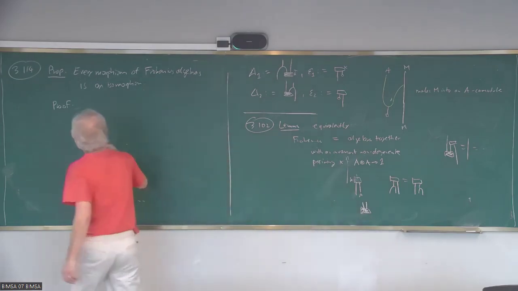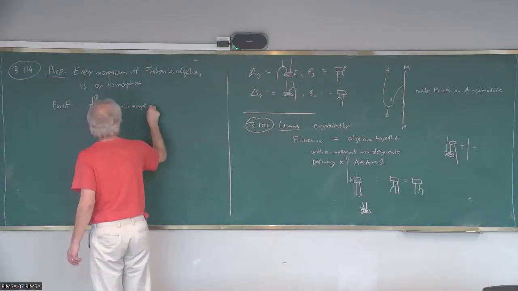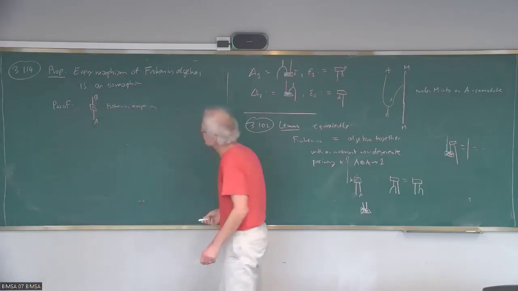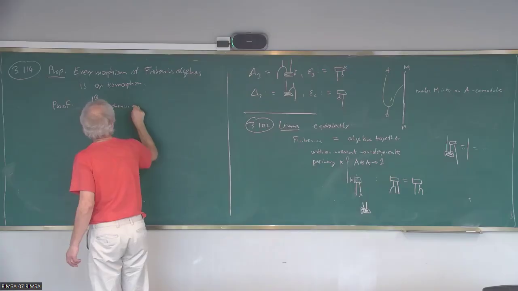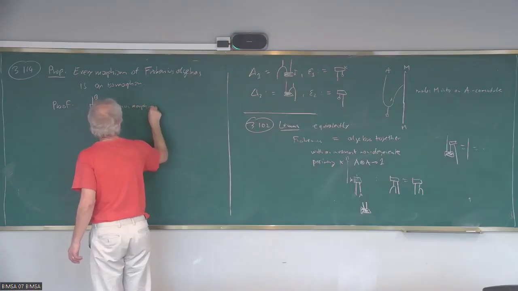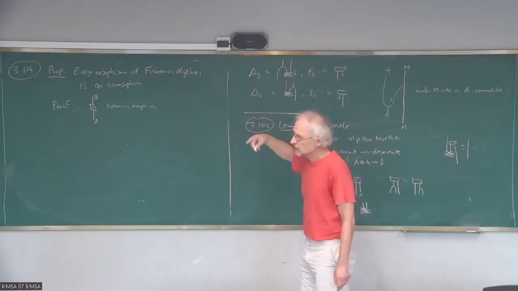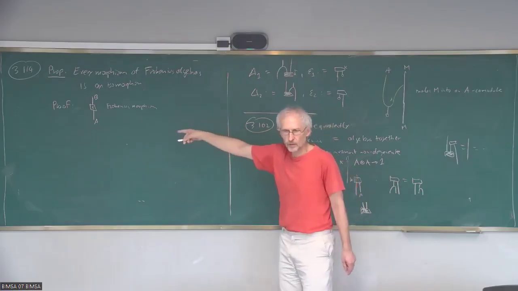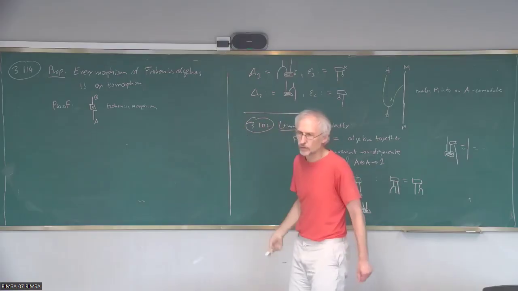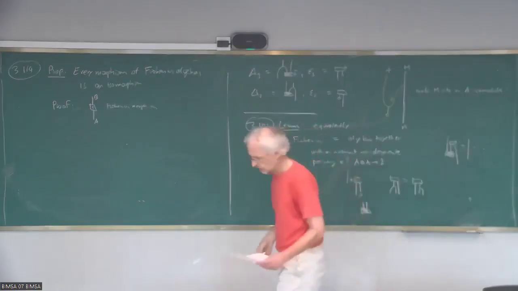So we assume F from A to B. A and B are Frobenius algebras, and F is a Frobenius morphism. And what we need is a morphism from B to A, which is two-sided inverse to this one. And of course, it should be a morphism of Frobenius algebras. But that will be automatic.